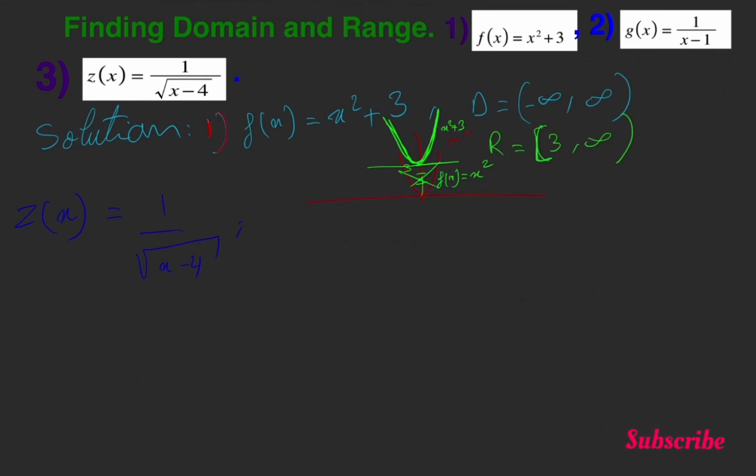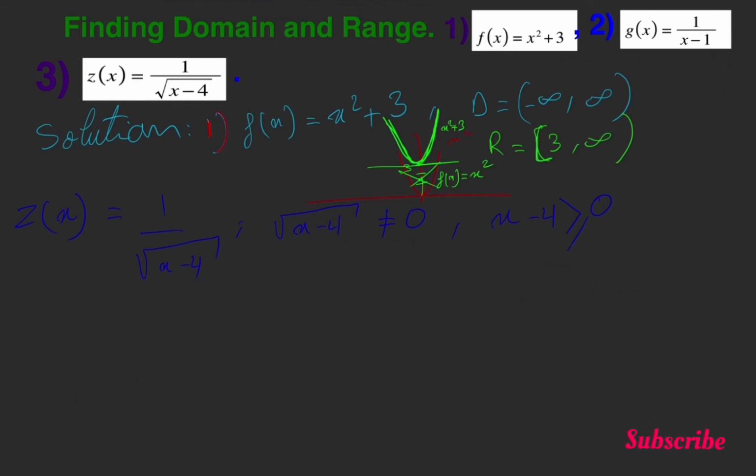The x minus 4 shouldn't be 0, and at the same time the square root of x minus 4 has to be bigger than or equal to 0.